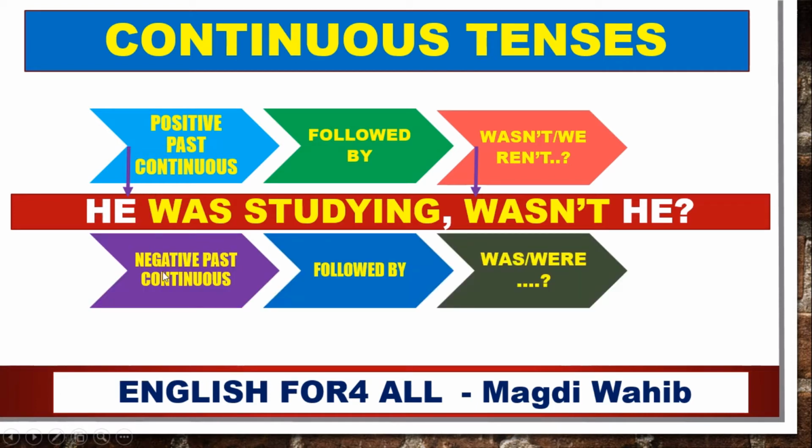If we have a negative past continuous, the question tag will be positive past continuous, and it will be followed by was or were. Was or were, the first part of the past continuous tense.